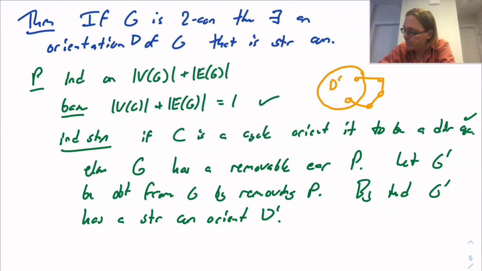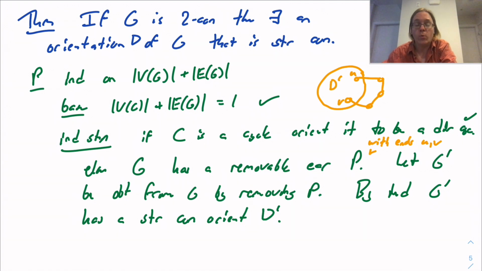Let's say P has ends. The ends of the path will be U and V. So I'll give names to these: there's vertex U and there's vertex V.